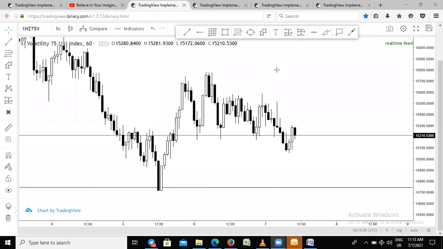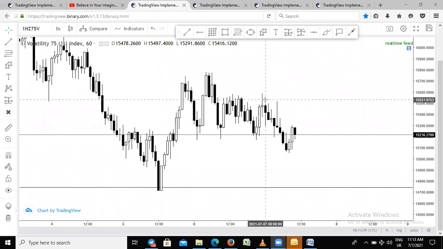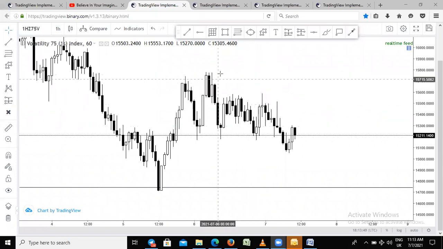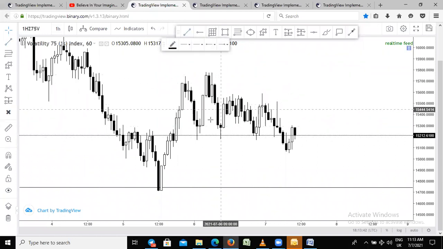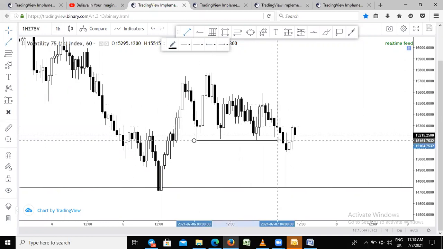Volatility 75 1s, but the level I'm expecting to have a breakout has not been broken. Price has been rejected from there, and I'm just waiting until the level is broken because I have 2 scenarios that can play out.